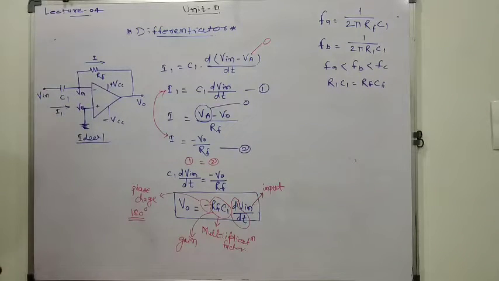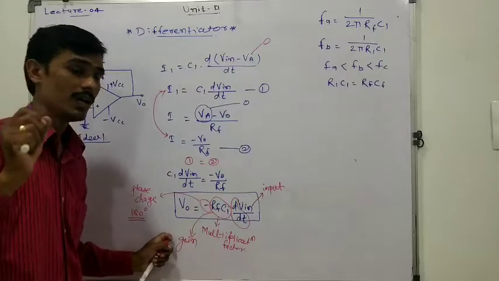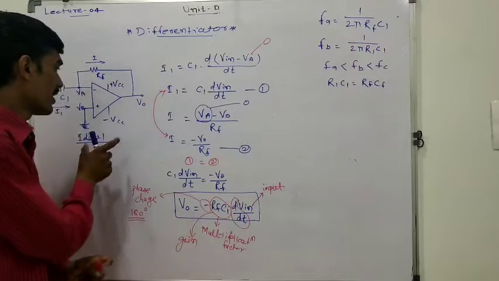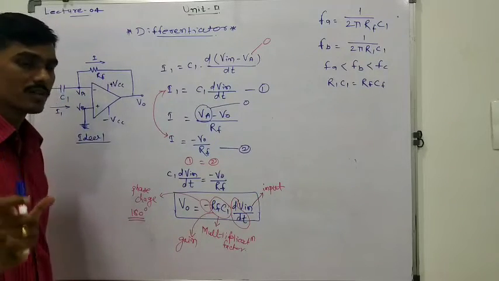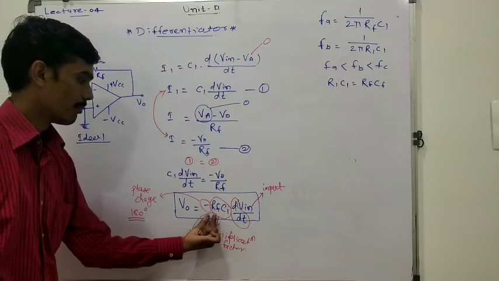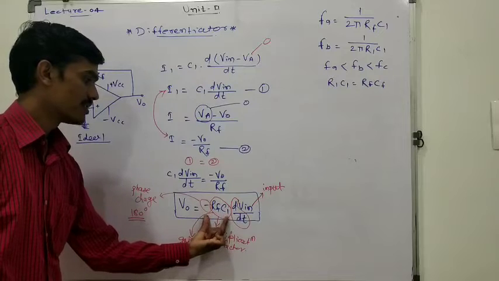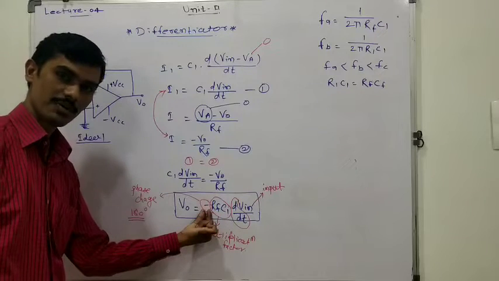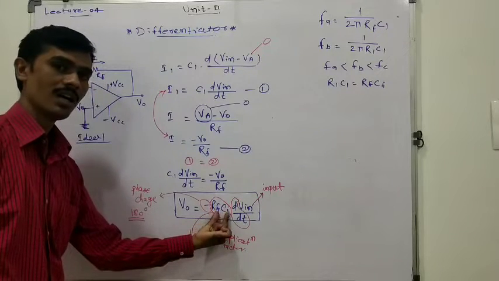So from this equation we make a comment on what the output of the differentiator circuit is. The output of the differentiator circuit is minus RF C1 dVin by dt, where the negative sign is a phase shift of 180 and RF C1 is the gain.